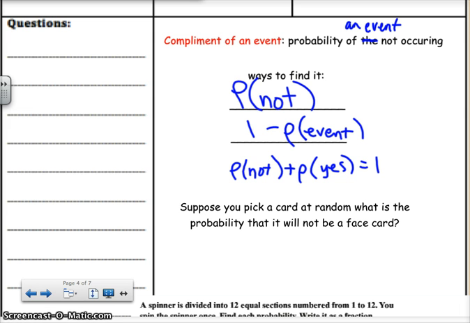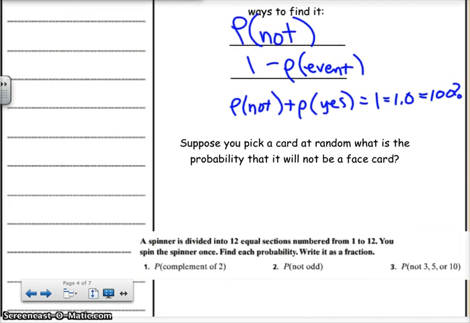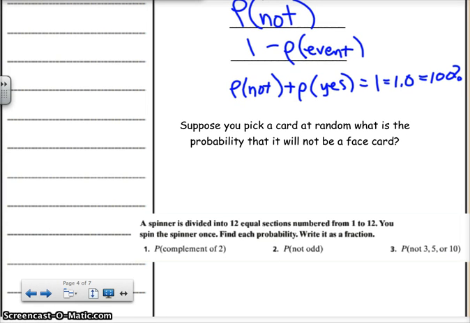So the probability that it's going to snow tomorrow and the probability that it's not going to snow tomorrow, it's either going to snow or not snow. If you added them up, it's going to equal 1, which is 1.0, which is 100%. Probabilities always add up to 1. So finding complements is just looking for everything but it.